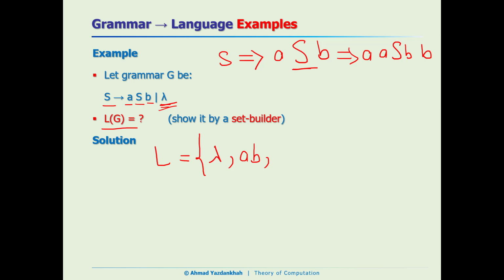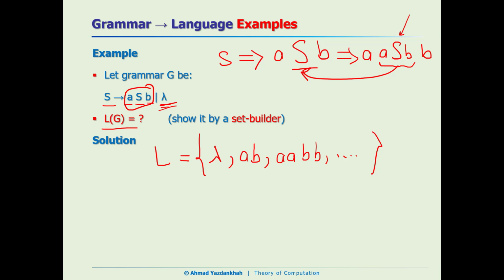So it will be A A S B B. In fact, this is the substitution of this S by using this production rule. If we substitute S with lambda, we will get AABB. I am sure that you guessed what language this grammar is producing.